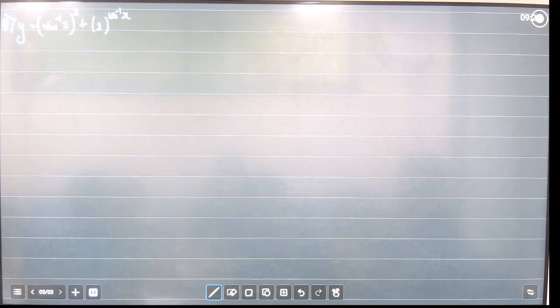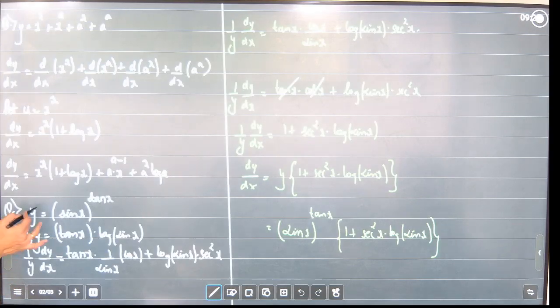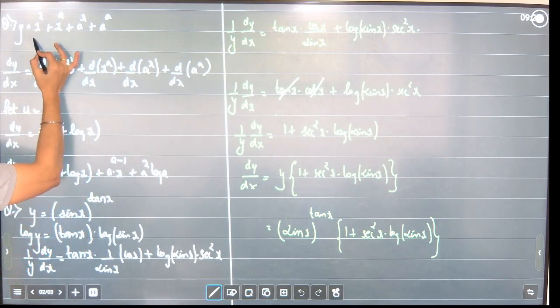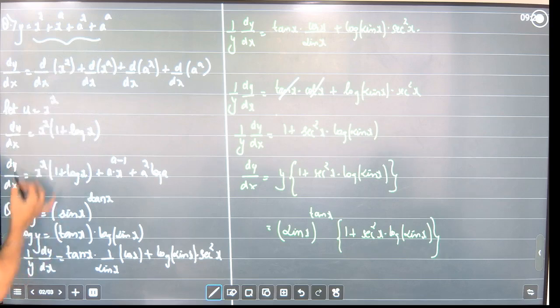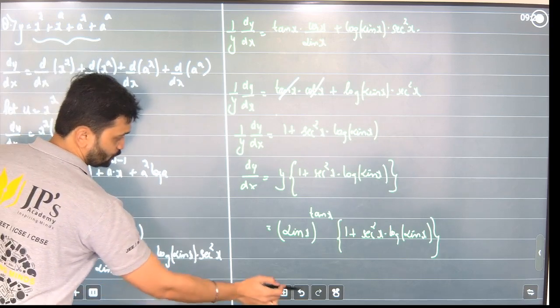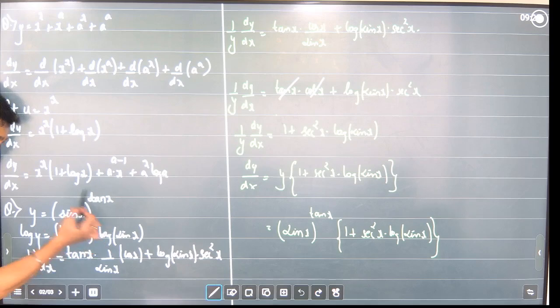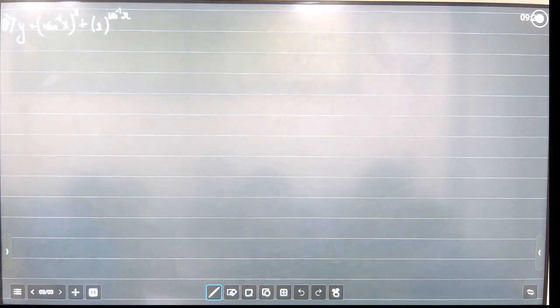The problem is, unlike the previous sums, since in this sum there was only one x raised to x function, so I took it separately and solved it. Here there was only one function raised to function, so I could take log on both sides. The problem here is we have two sums.